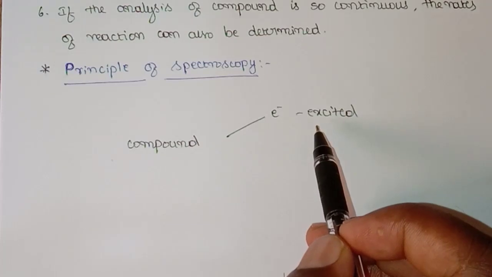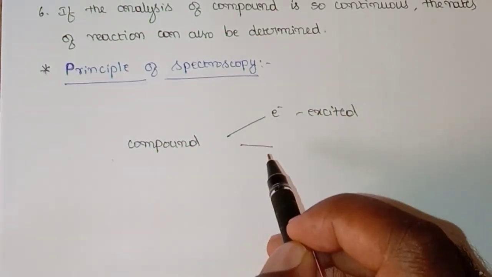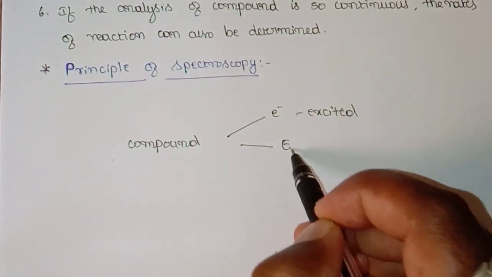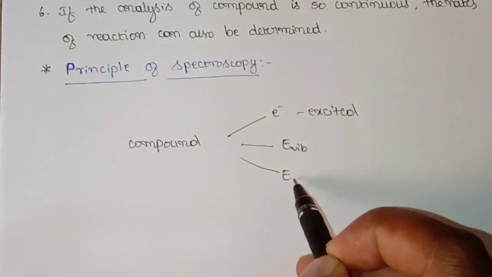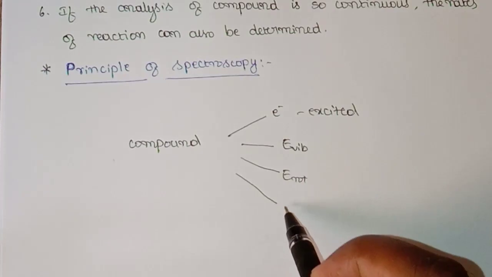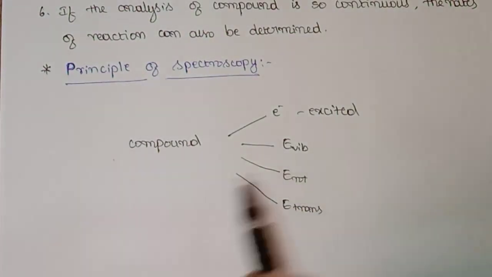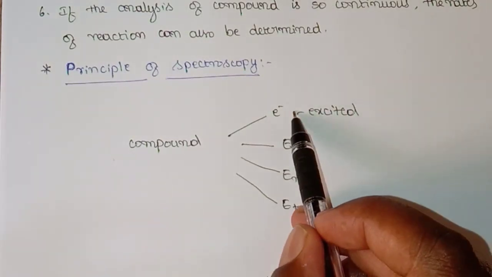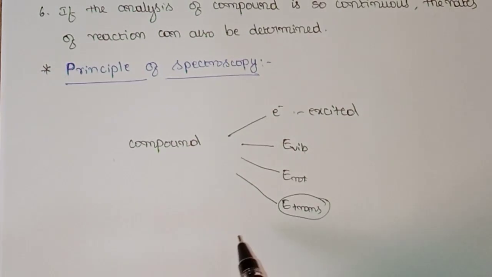In addition to the electronic excitation, there occur changes in the vibrational energy of the molecule, changes in the rotational energy, and changes in the translational energy also. But compared to the changes in the electronic, vibrational and rotational energy, the translational energy is so negligible.